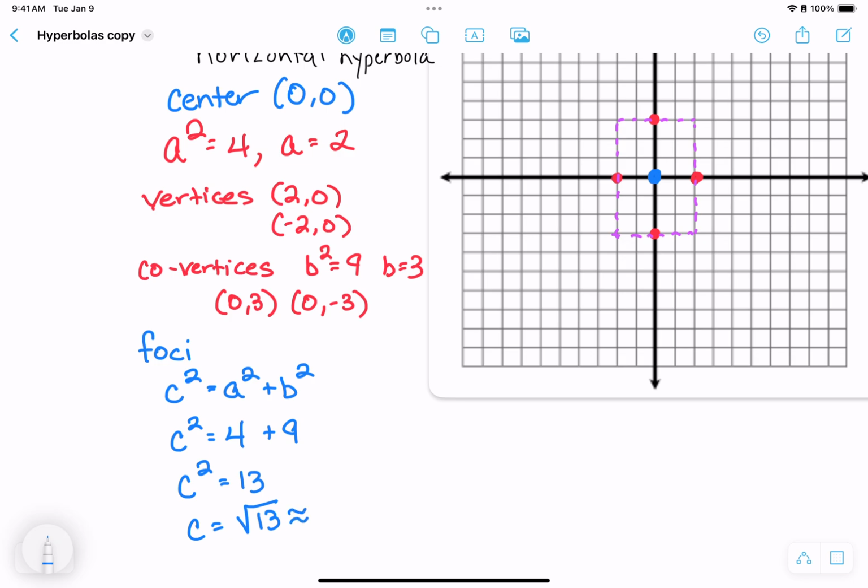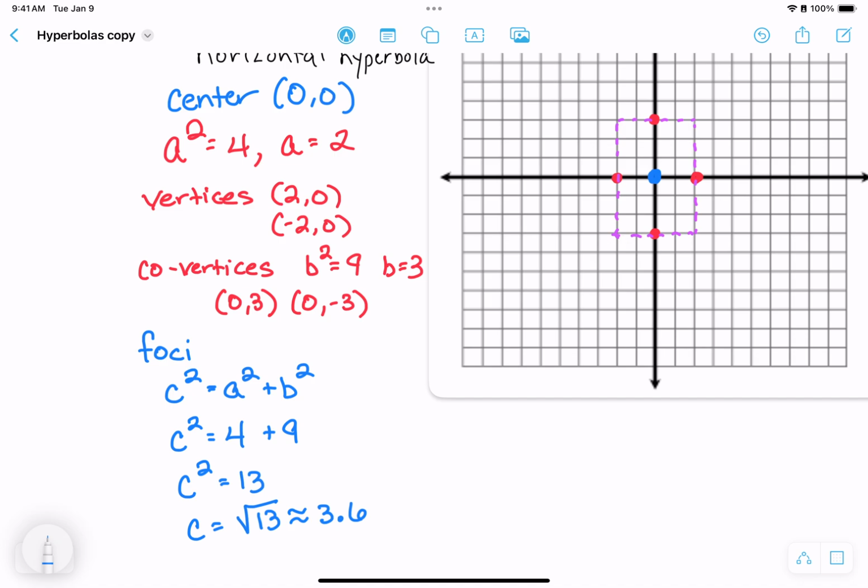And the square root of 13 is 3.6. Okay, so that means from the center, I count 3.6 units left and right.